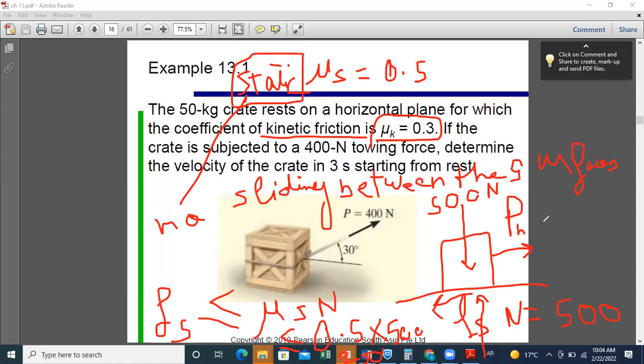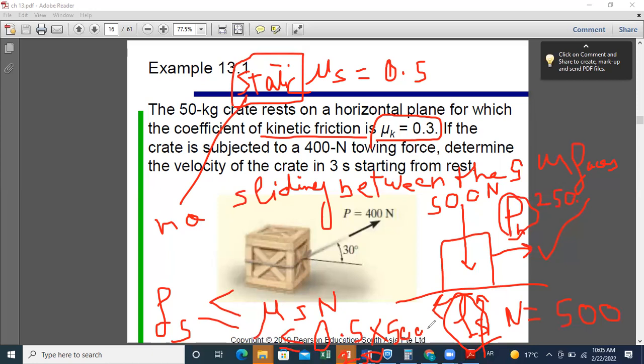If I have equilibrium condition, the static friction should be just equal to P horizontal. So as long as P horizontal is smaller than 250, then my static friction will not exceed 250 and equilibrium will be maintained. When I just exceed 250, and if I put 250 point something, then my static friction cannot anymore ensure equilibrium because it has reached its maximum limit.